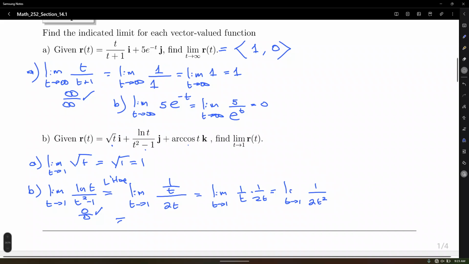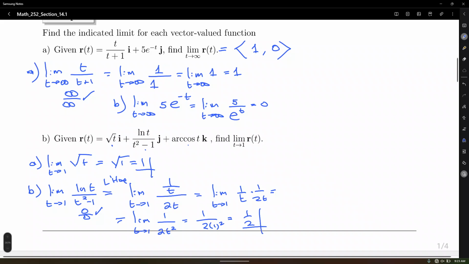Actually, I need a space. So that'll be 1 over 2 times 1 squared. That equals 1/2. So 2 out of the 3 components.